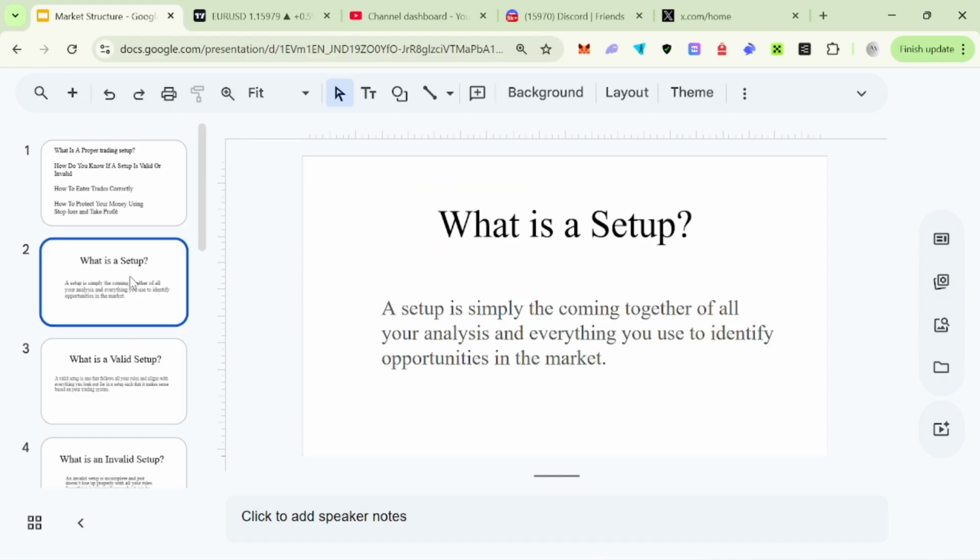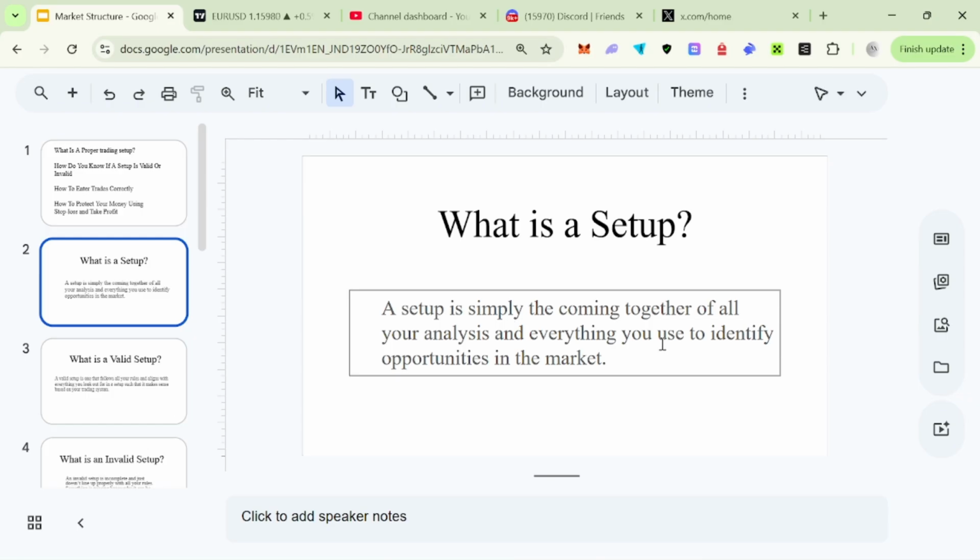Now, a setup. What really is a setup? All of these things that we've been looking at in our previous videos are part of what we call a trade setup. A setup is simply the coming together of all your analysis and everything you use to identify opportunities in the market.